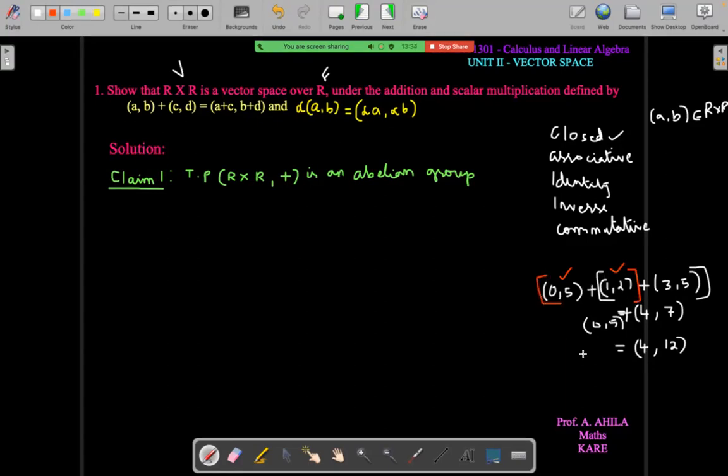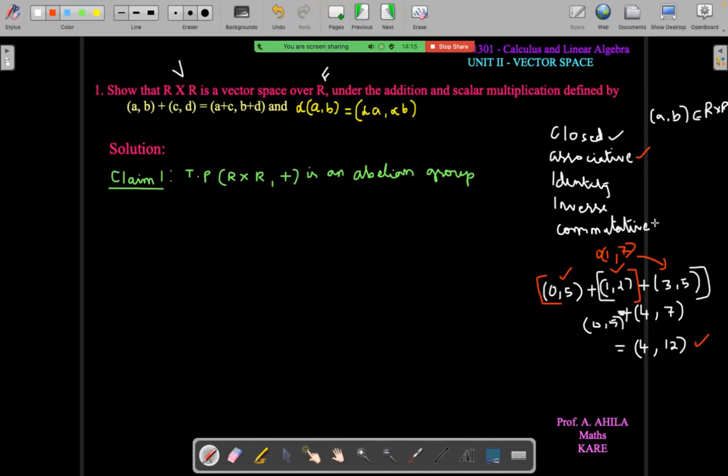We get 0 plus 1 is 1 and 5 plus 2 is 7. So we get (1, 7) plus (3, 5). If we add (1, 7) and (3, 5), we get (4, 12), the same answer. So it is associative. Okay, so closed proved, associative proved.